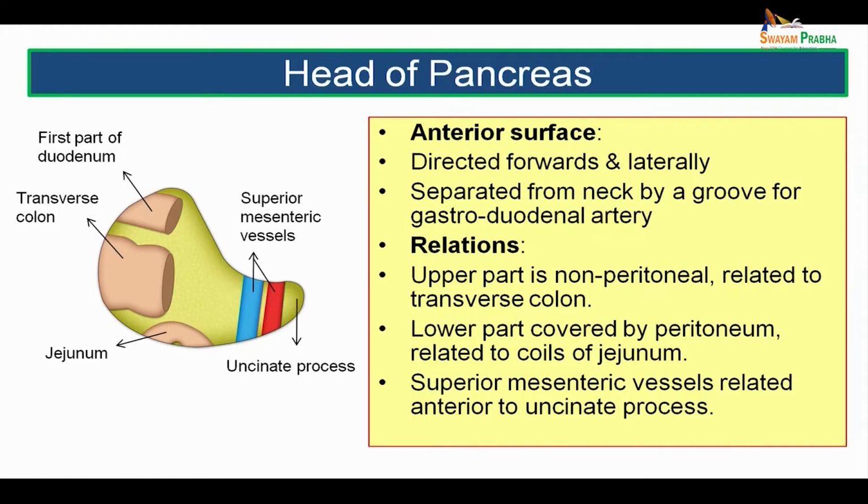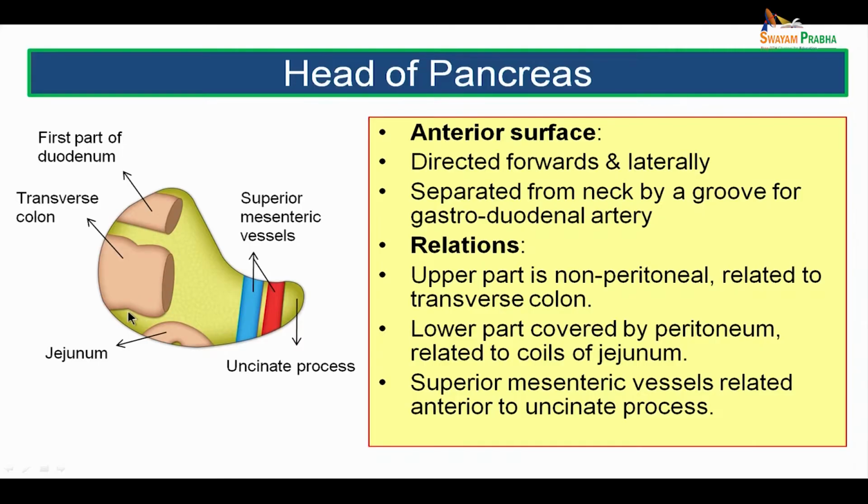The anterior surface of the head of pancreas is directed forwards and laterally. It is separated from the neck of the pancreas by the groove for the gastroduodenal artery. The upper part of the head of the pancreas is non-peritoneal and is related to the transverse colon and the first part of the duodenum.